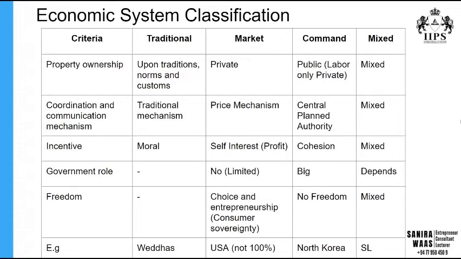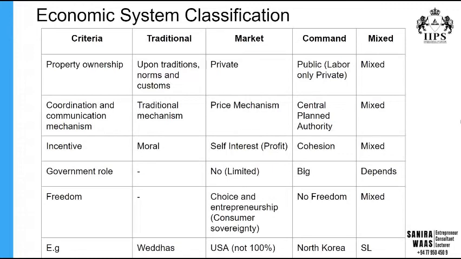The best case scenario is to have no role of the government, whereas in a command economy the government plays a big role, even setting up the central plan authority. And in a mixed economy, it depends upon the classification of the mixed economy, which we're going to talk about in the coming slides.